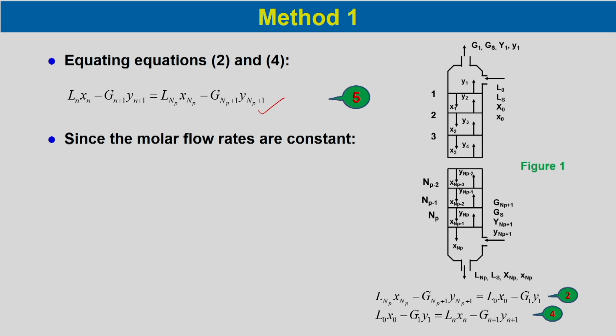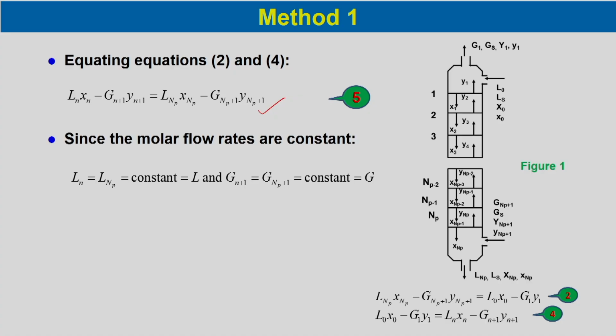Since the molar flow rates are constant, that means L and G are constant, as per our assumptions, because the solute transfer is negligible and hence the liquid and gas flow rates remain constant throughout the column.